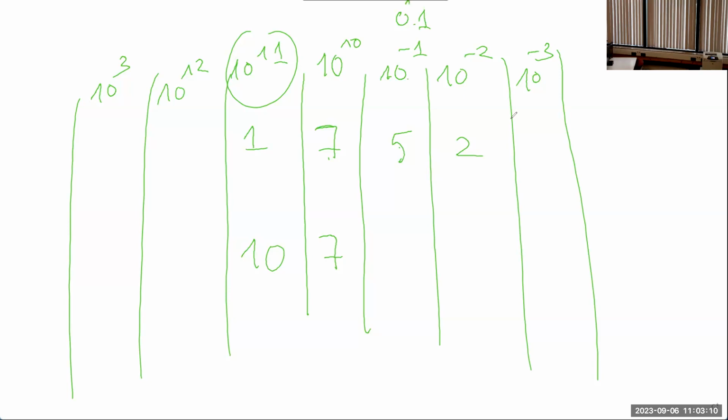So actually I have 0.5. This one, 10 raised to the power -2, is 1 over 100, or 0.01. That's why I have 0.02. When I add them up together, I have 17.52. Make sense?